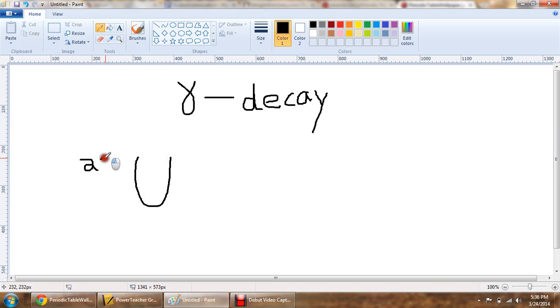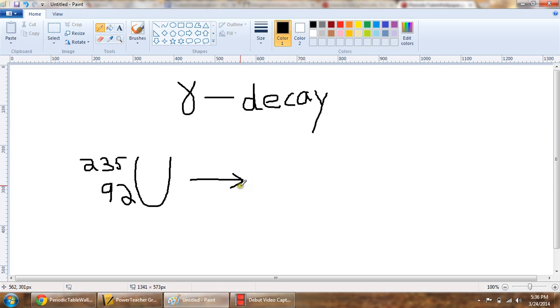Uranium-235 does undergo gamma decay. What is physically happening is the nucleus is rearranging itself in some way due to its instability, and in the process it emits a gamma ray. Quite often that gamma ray is absorbed by another surrounding nucleus, and then it will be re-emitted again. However, some of it does escape, and what does escape is dangerous to human surroundings.